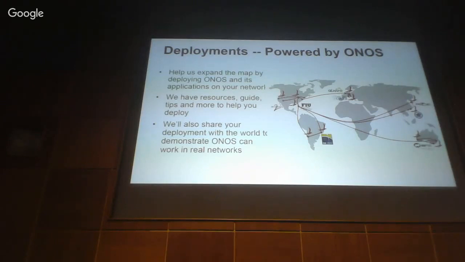If you're in a university and you want to deploy ONOS, like Create-Net in Korea did, and NCTU in Taiwan, who deployed ONOS in their campus network with SDN-IP to do peering between normal IP networks and SDN networks, we definitely welcome that. We try ONOS in production or almost-production networks, and we receive a lot of feedback from it, meaning that we can shape the roadmap through the help we get from deployments and the lessons we learn there.